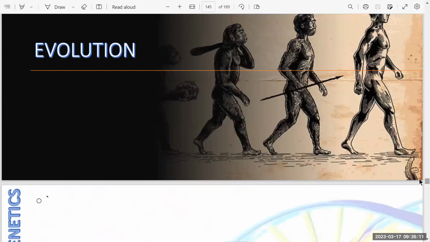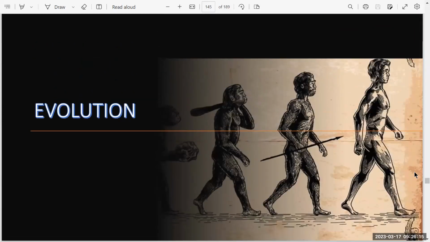Okay. Now, when we considered evolution in Unit 3, we learned evolution is change of the phenotype of a species over a long period of time, from generation to generation.